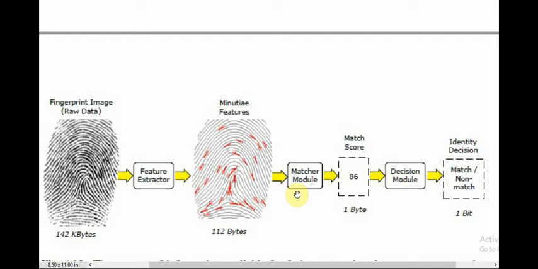Finally, the decision module receives the match score, and according to this match score it will decide to reject or accept, and this identity decision can be represented by 1 bit. So as you can see, when we move in this direction, the amount of information is reduced from 142 kilobytes to only 1 bit.